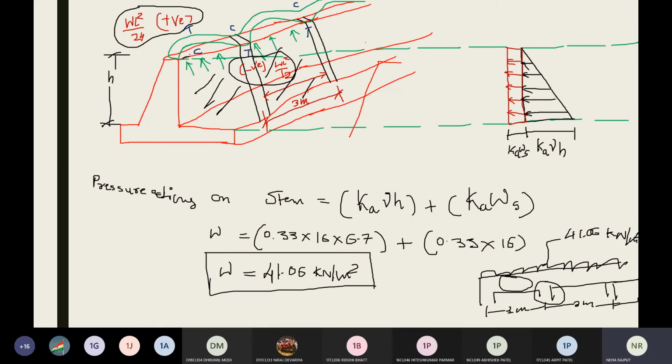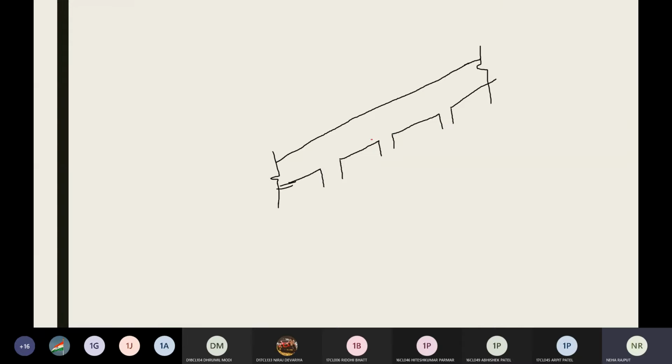And again, that reinforcement is in this diagram. If you can see, this tension is at bottom. So here you are going to provide your reinforcement. I'm just taking this portion only to show you the tension reinforcement. So this is my 12 mm diameter at 190 mm center to center.